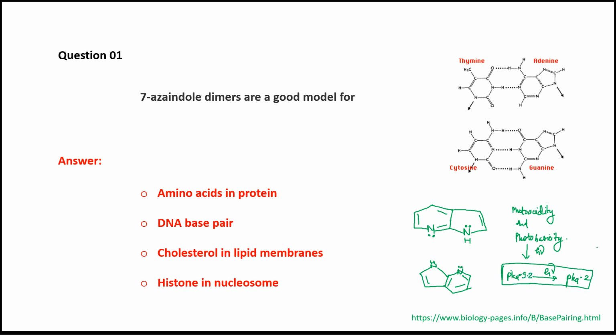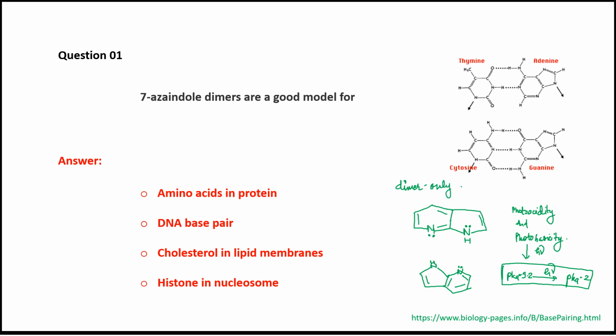Now why have I brought this term here? These 7-azaindoles, in normal situations, do not form dimers. They form dimers only at higher concentration.